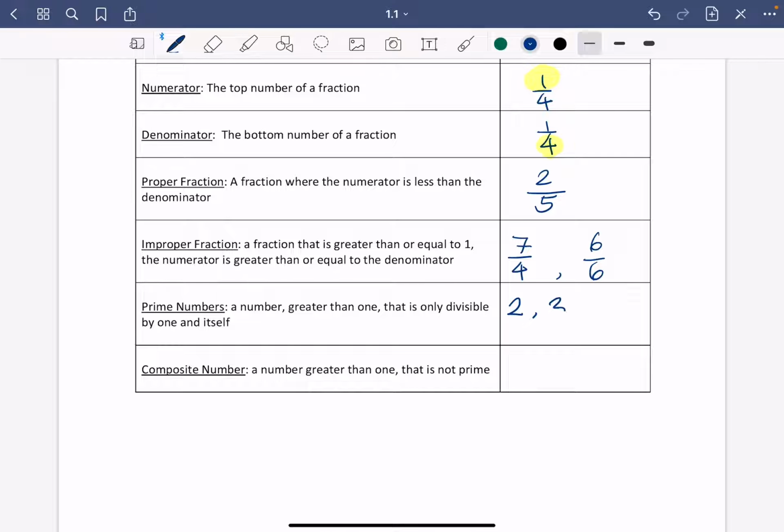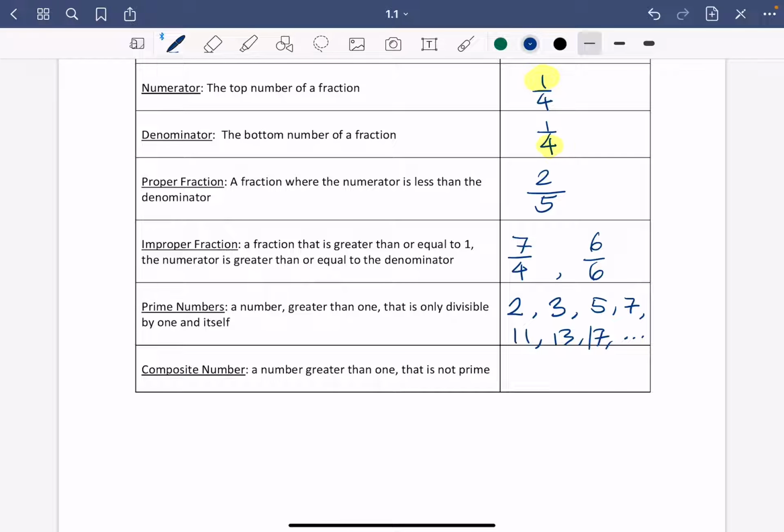Okay, 3 can only be divisible by 3 and itself. And there are more. So 5, 7, 11, 13, 17, etc.